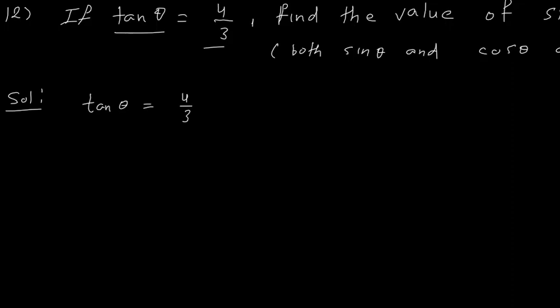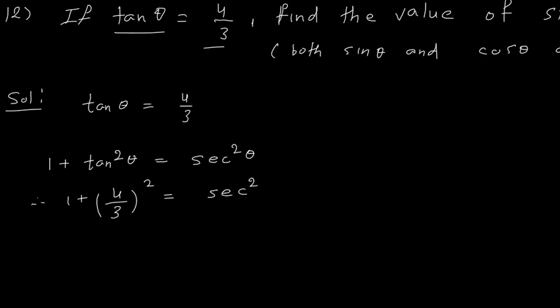Now we have an identity that 1 plus tan square theta is equals to sec square theta. So therefore I will say that 1 plus 4 upon 3 the whole square is equals to sec square.